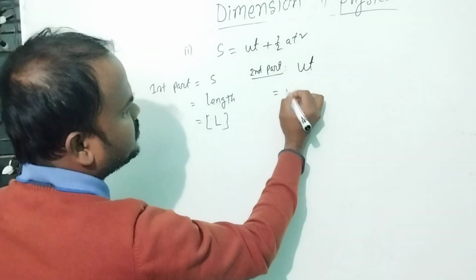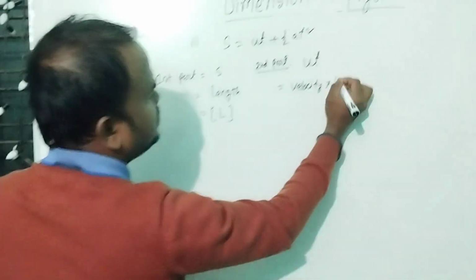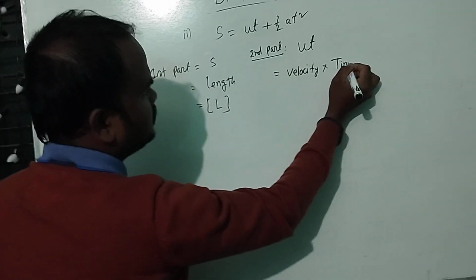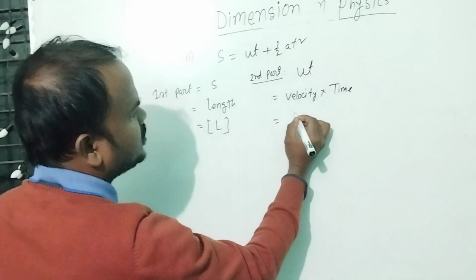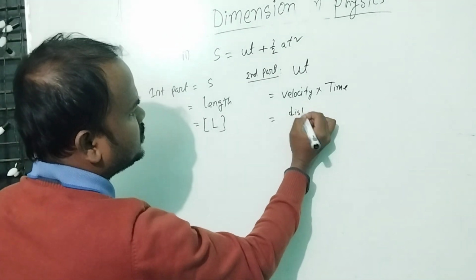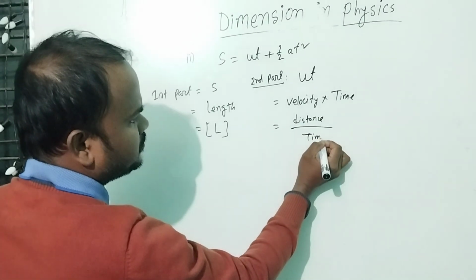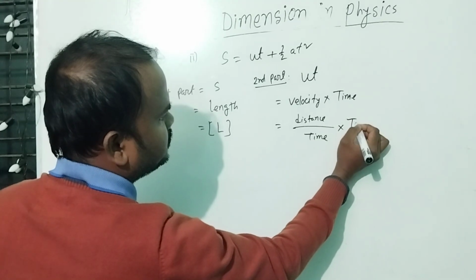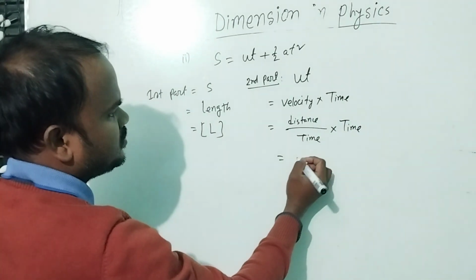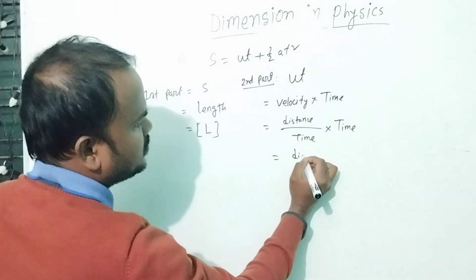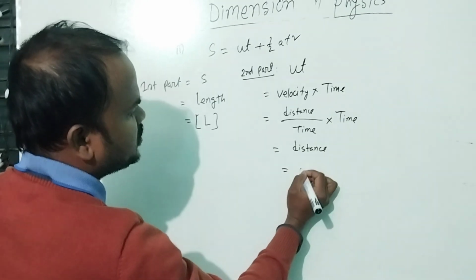We know u means velocity and t means time. So velocity equals distance by time, into time. So time cancels out. So finally we get distance, the dimension of distance L.